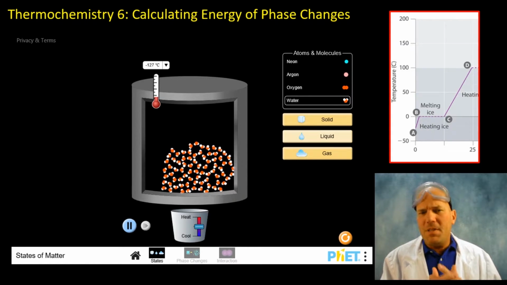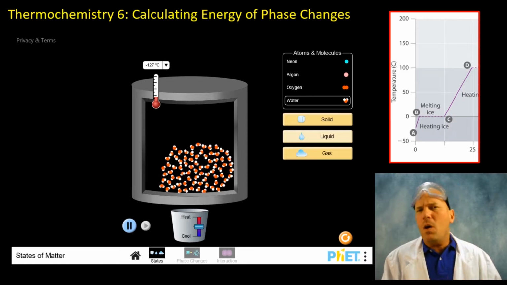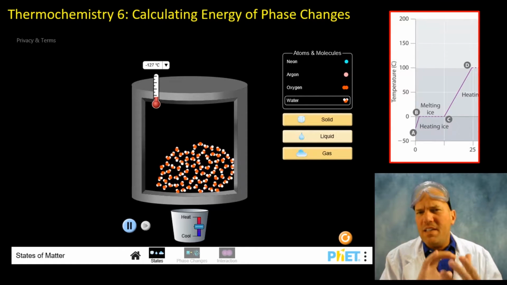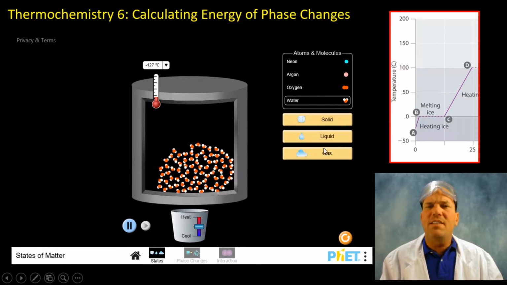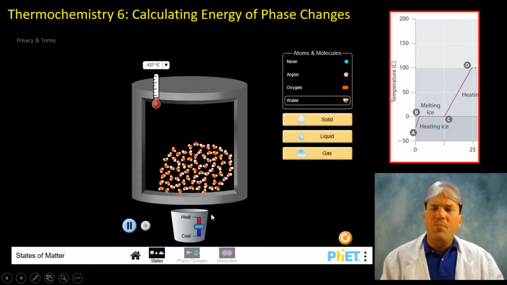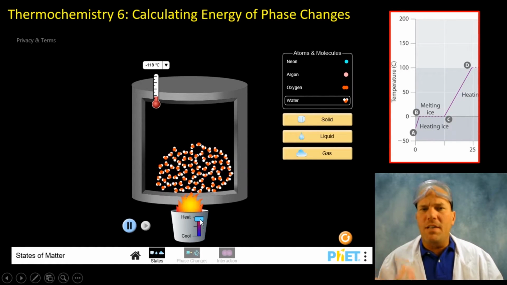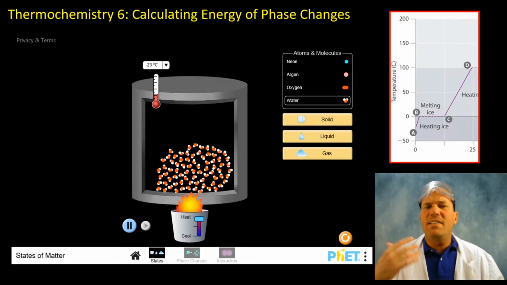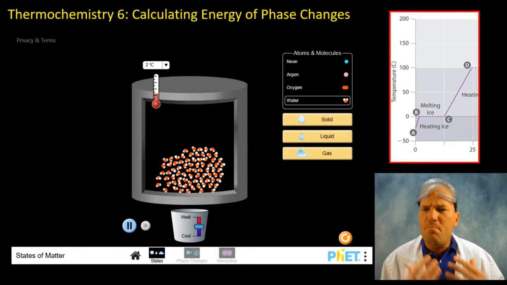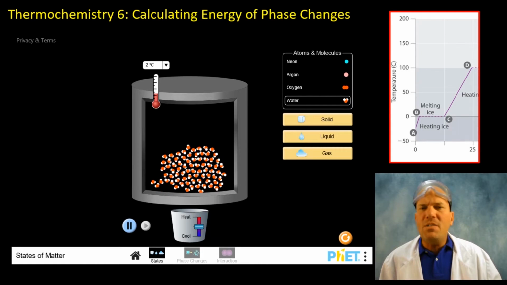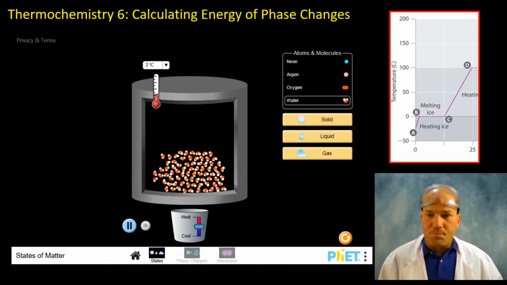So in this simulation here, you can see water in its frozen solid form. So here we have ice, and this ice is at negative 127 degrees. And we talked about in the last video as the temperature increased. Now here you can see we are just above the melting point of water.